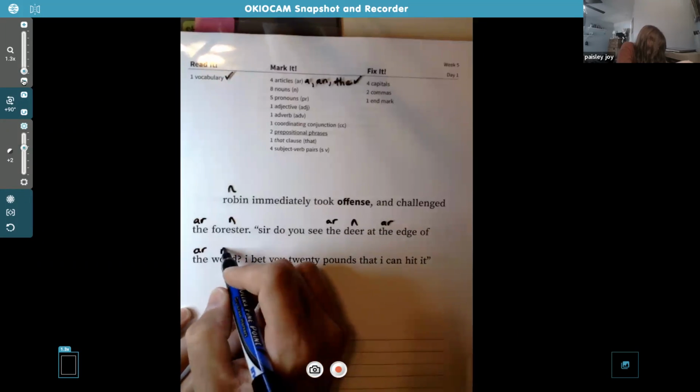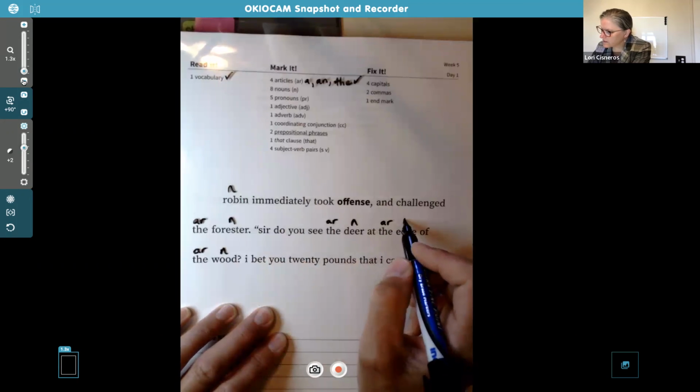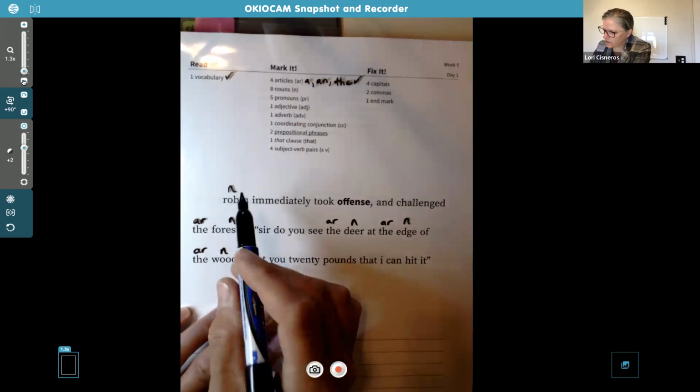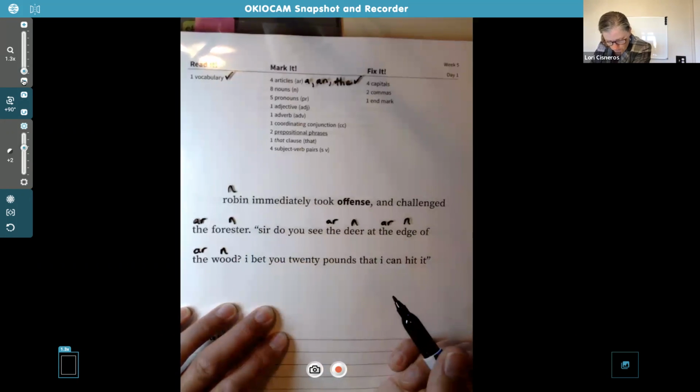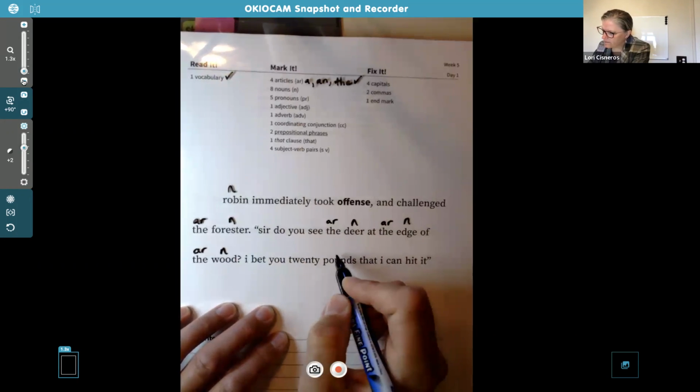Woods. Good. Is edge one? Edge. Actually, yes, it is, because you're talking about at the edge. Good. So that's 1, 2, 3, 4, 5. There's 3 more in here. 20 pounds. Pounds, yes, good.